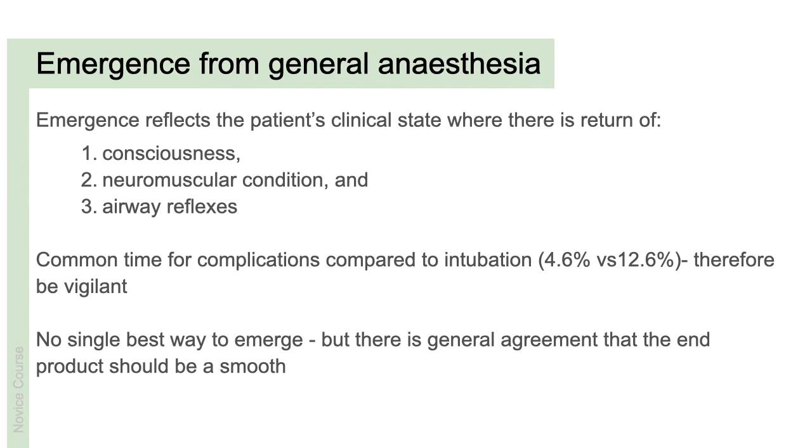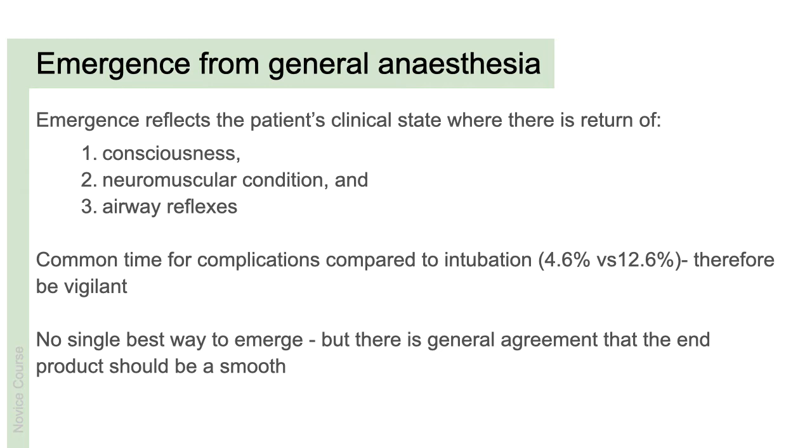So when we talk about emergence from anaesthesia, we need to understand what we're really trying to achieve there. Now, I think by now we understand what general anaesthesia is, and the emergence from it reflects the patient's clinical state where there is a return of consciousness, neuromuscular function, and airway reflexes.